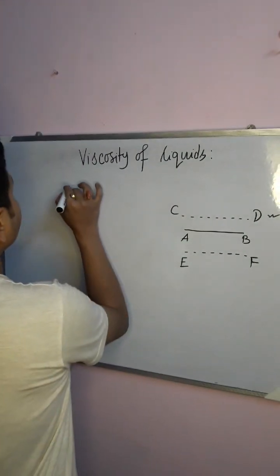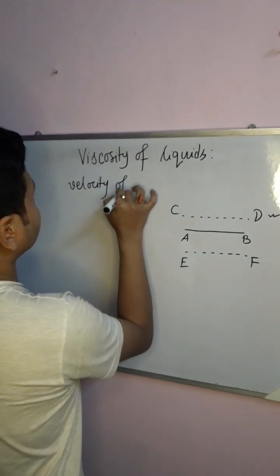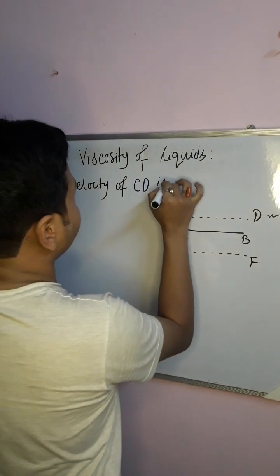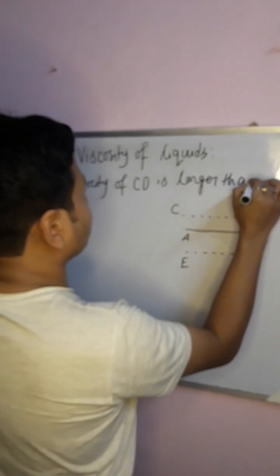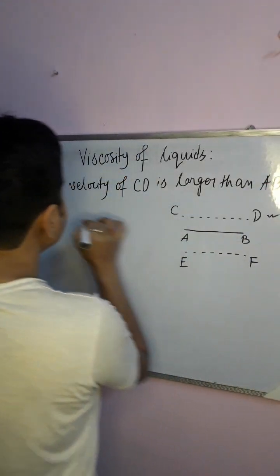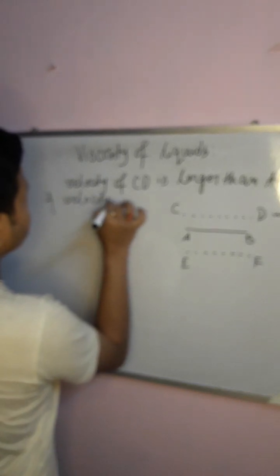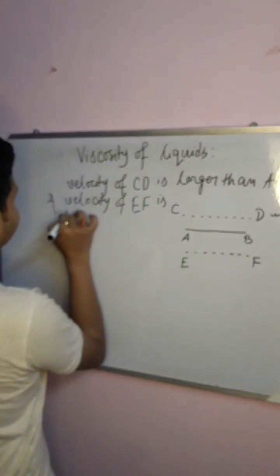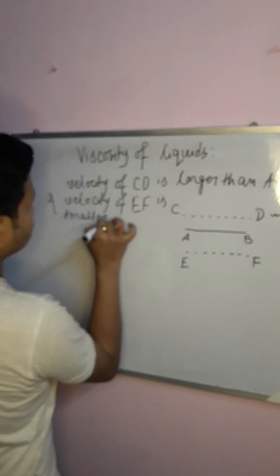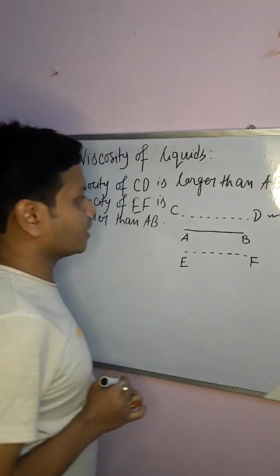So the velocity of CD is larger than AB, and the velocity of EF is smaller than AB.